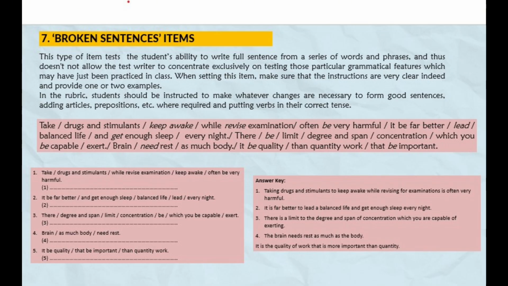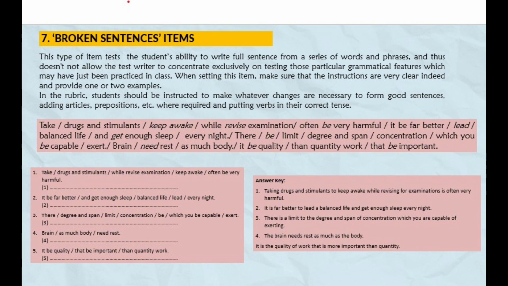The seventh type is broken sentences items. This type of item tests the student's ability to write a full sentence from a series of words and phrases, and thus does not allow the test writer to concentrate exclusively on testing those particular grammatical features which may have just been practiced in class.